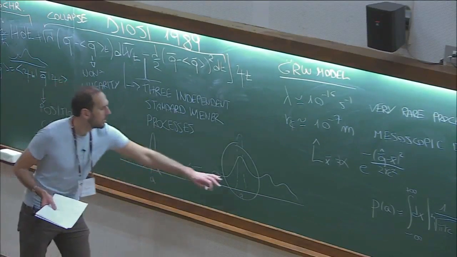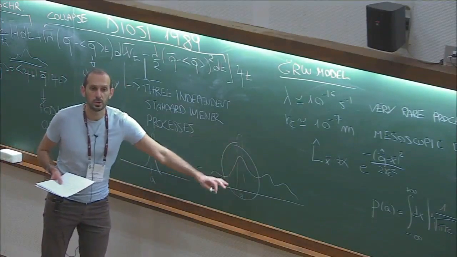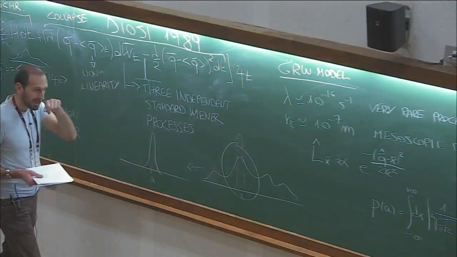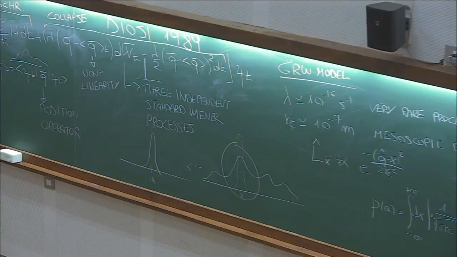The jump localizes, and it localizes where the wave function before the collapse was more appreciable. The other case instead, we do it on the other side.